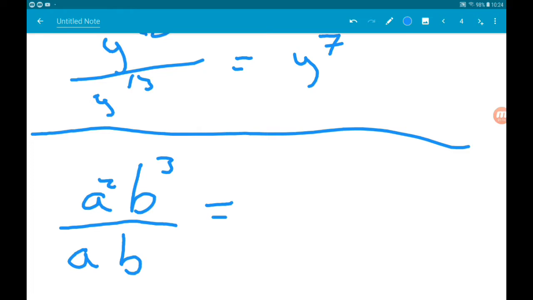That's a to the 2 minus 1, which is just a. Okay, so that's the a's done. We can now play with the b's. Now we have b cubed divided by b. That's b to the power 3 minus 1, which is b squared.